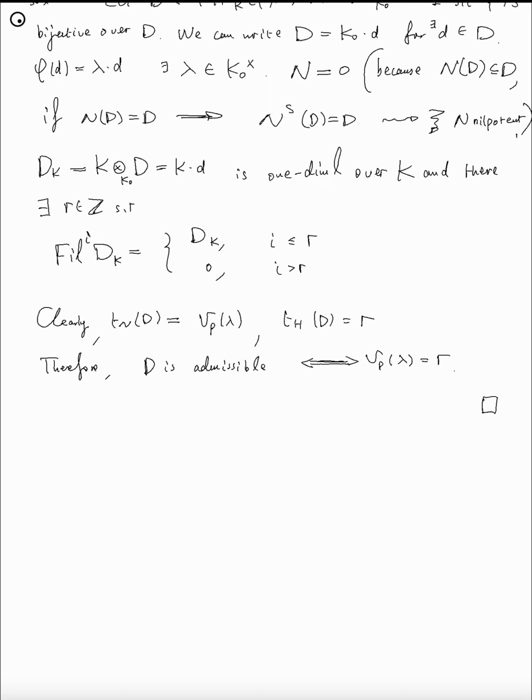Okay, so let me put a final remark here. I'm not going to prove it, but this is still an example of the Newton polygon and Hodge polygon. So let E be an elliptic curve over K with good reduction.